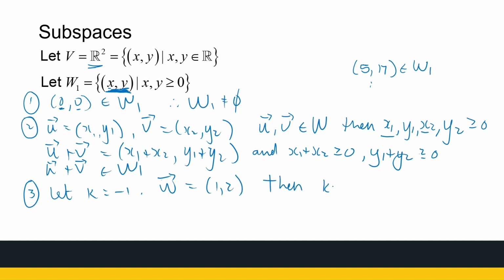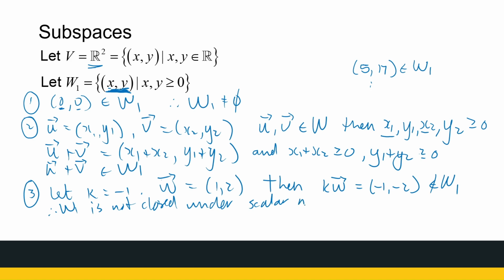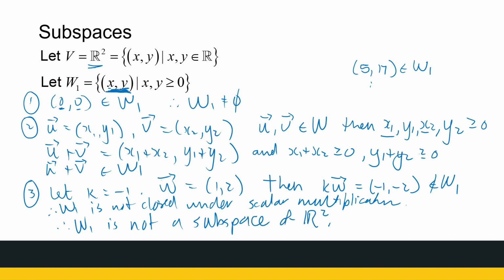Then k times w is equal to (-1, -2), and that is not an element of this set. So therefore, W1 is not closed under scalar multiplication.